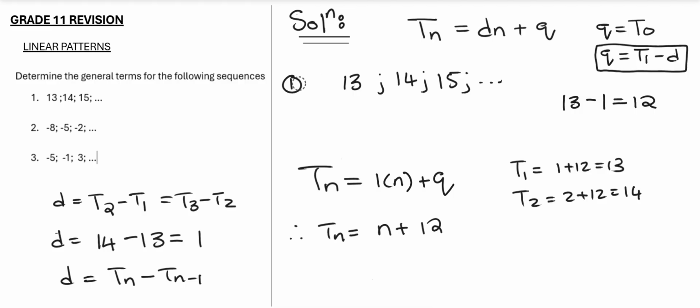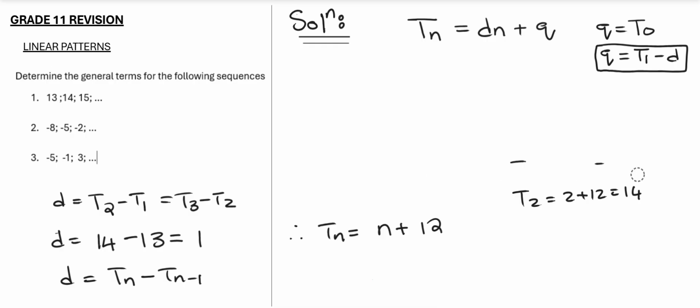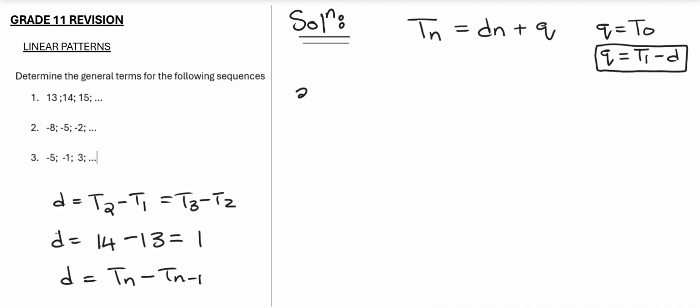Yes. So now let us look at the second example. We write our sequence as it is: minus 8, minus 5, minus 2, and then it continues. Our first step is finding our common difference.